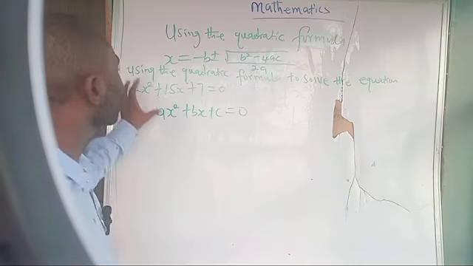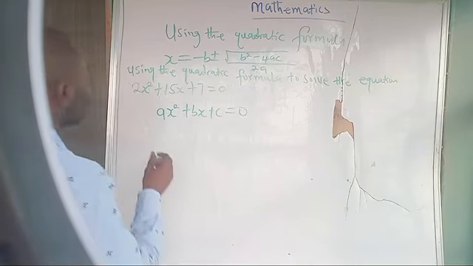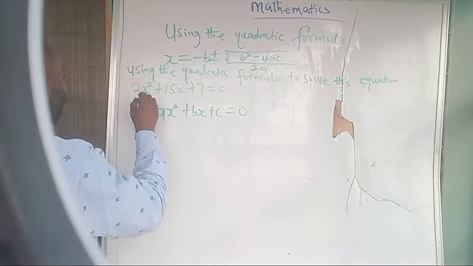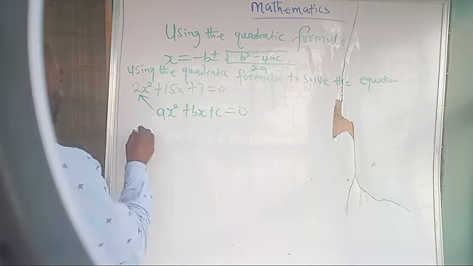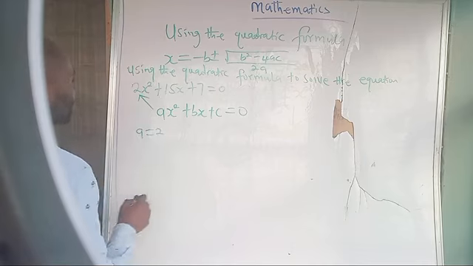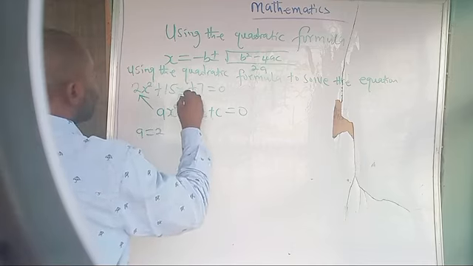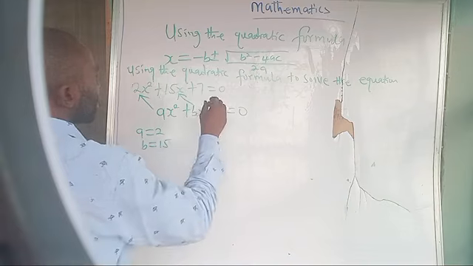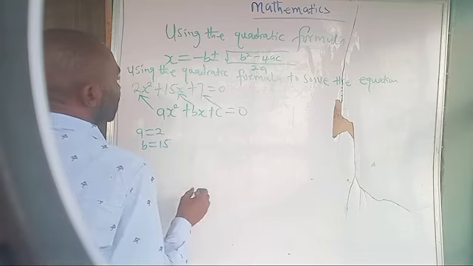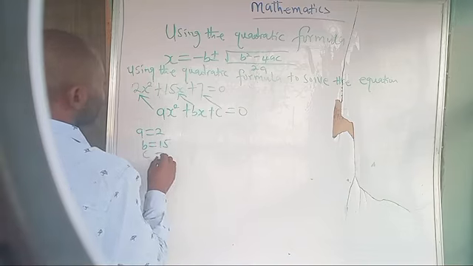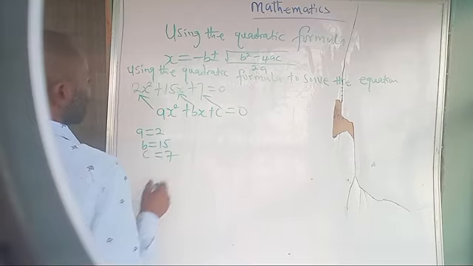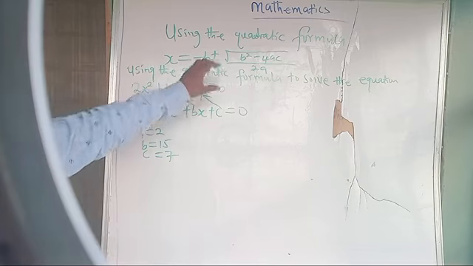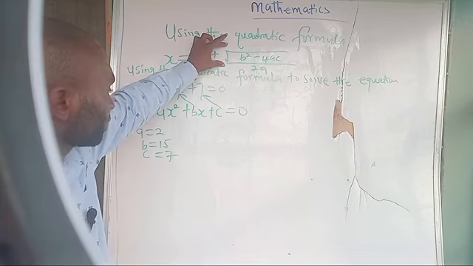In comparing these two equations, our a is equal to 2, our b is equal to 15, and our c is equal to 7.